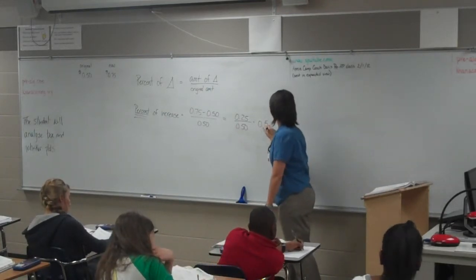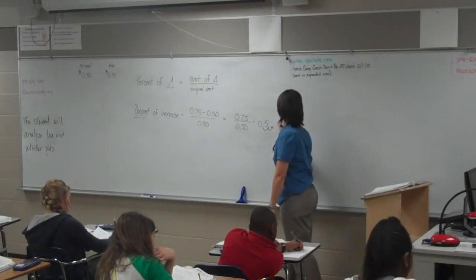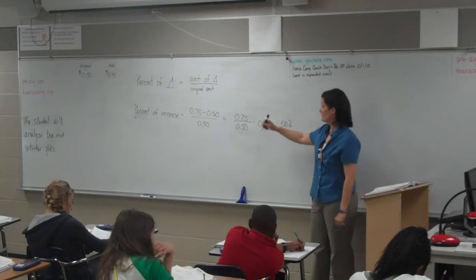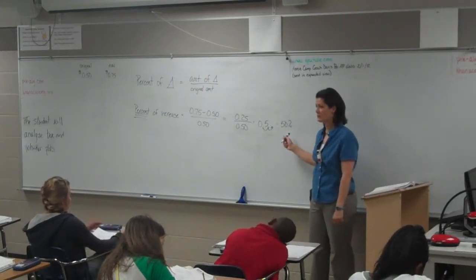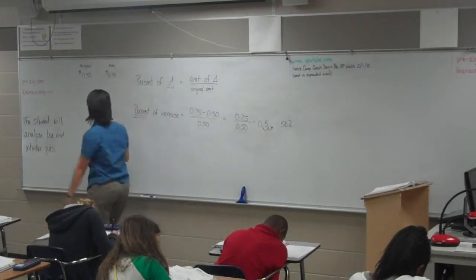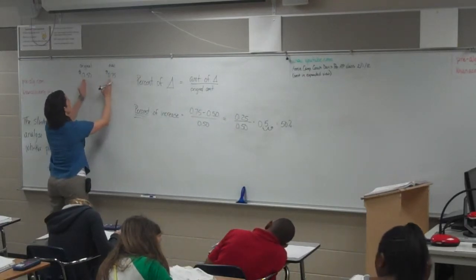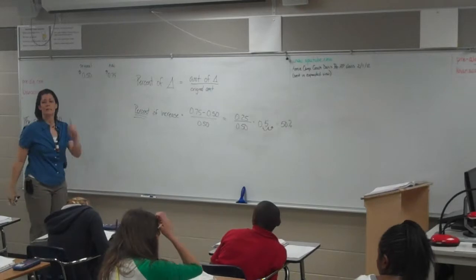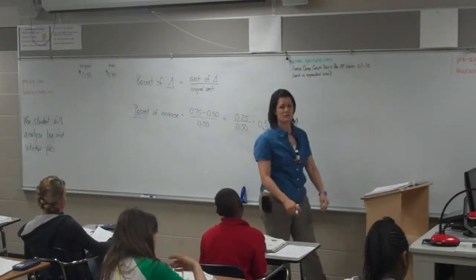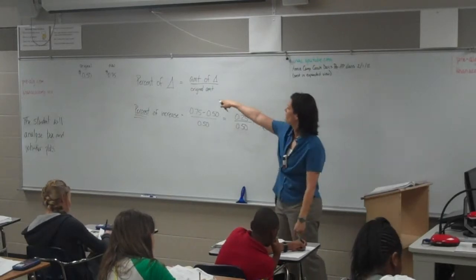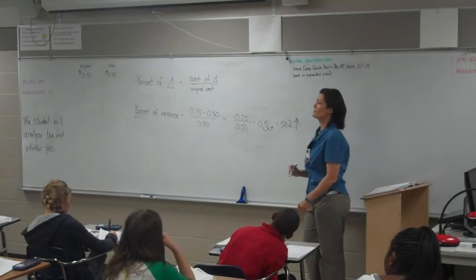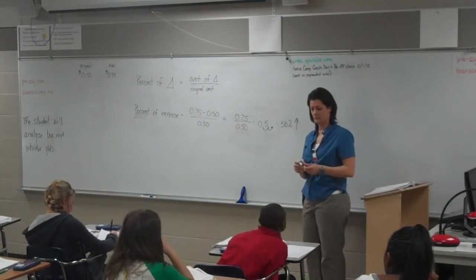Move our decimal point 2 places to the right and add a percent sign. That is the percent of change, but now we need to go back to our problem. It started here and ended here. Did it go up or down? It went up, so this is a 50% increase. If you take half of the original amount and add it to it, you get the new amount. That's what it means by 50% increase.